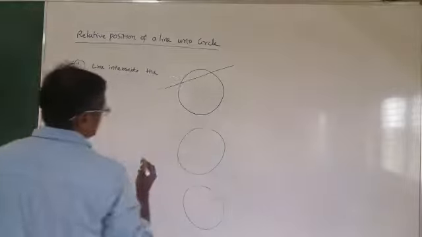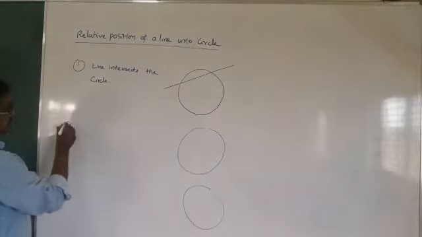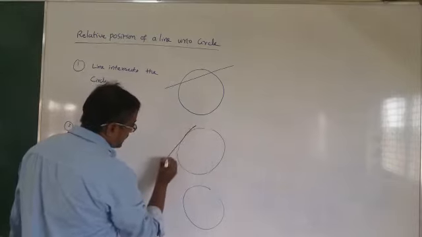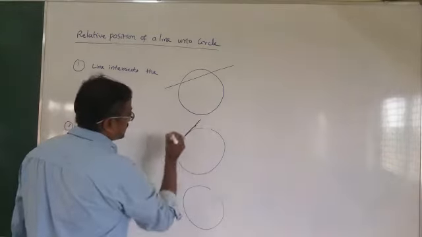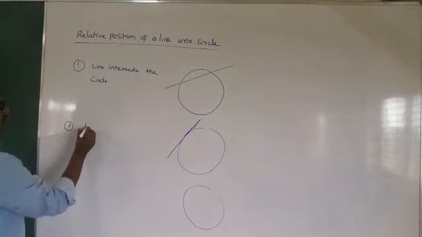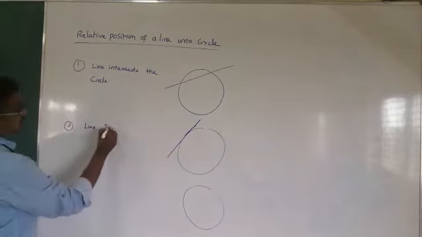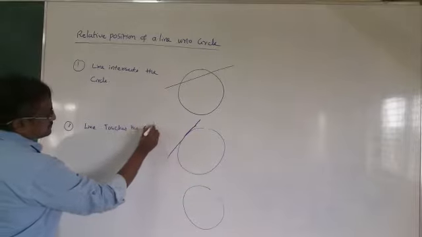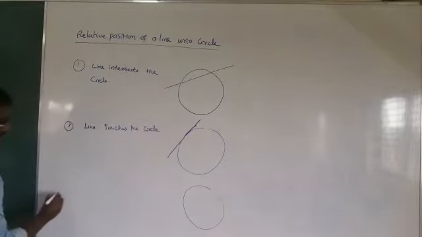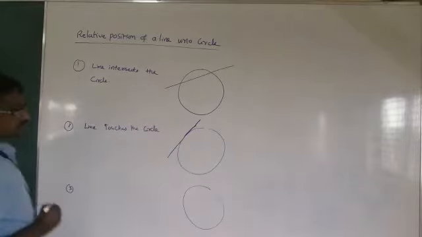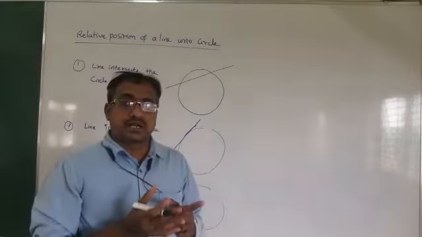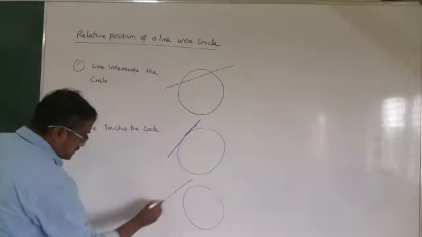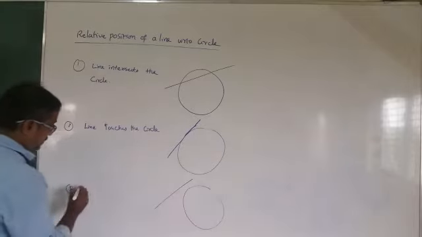Now second one, a line can touch the circle like this. Line touches the circle. Third one, the line and circle do not meet like this. Line and circle do not meet.